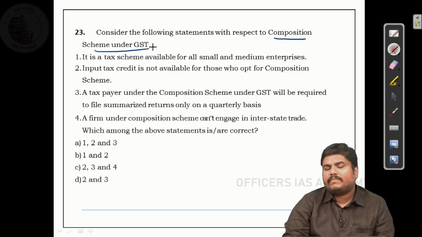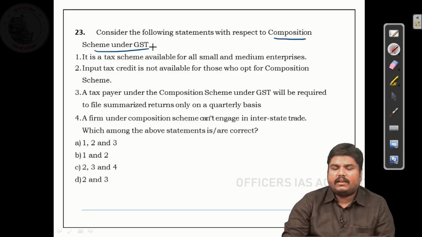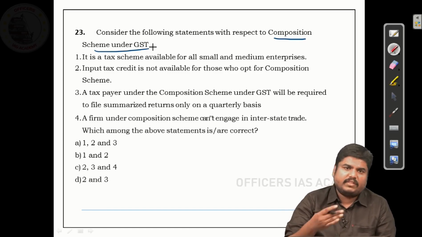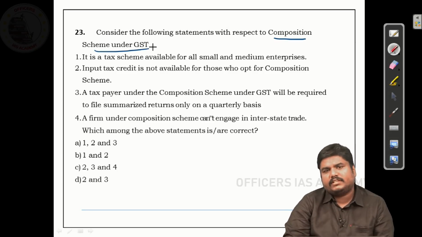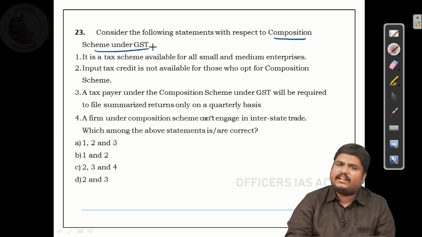They can go for a quarterly filing, right. And remember, these entities who are opting for the composition scheme will not be receiving any input tax credit. And while raising the invoice on behalf of the consumer, they have to pay the tax, and they cannot be involved in interstate trade as well, right.